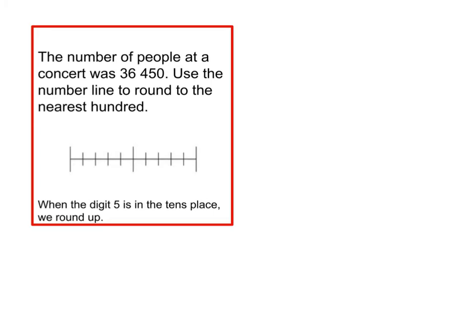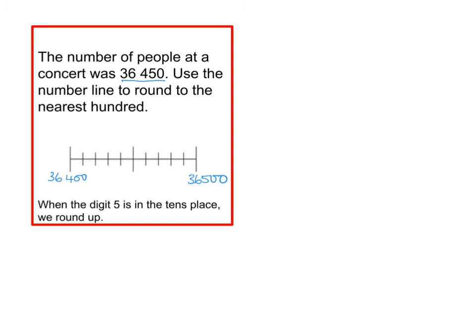Okay, here's another example, 36,450. So this one we're going to round again to the nearest 100. What's the number that comes before and after this? Have a think. Well, 36,400 would come before this number. What would be the multiple of 100 that would come after? 36,500 would come after.